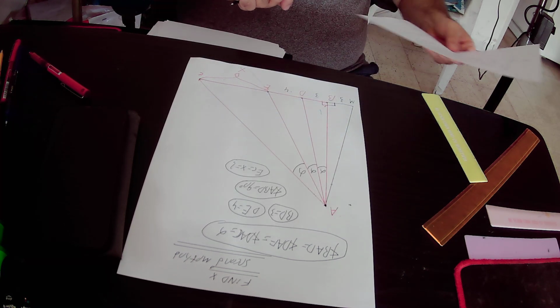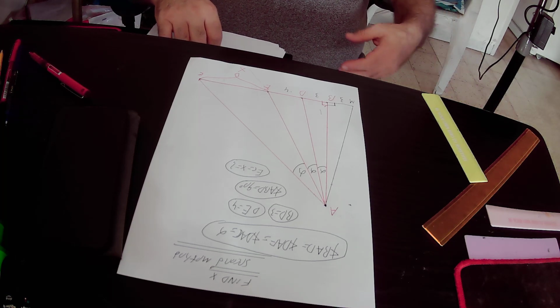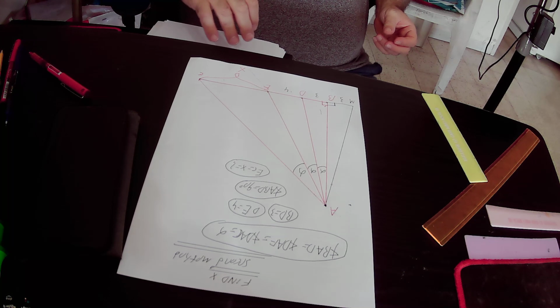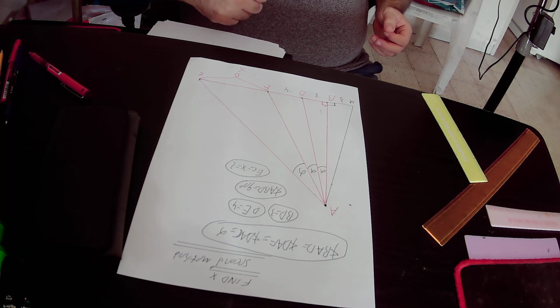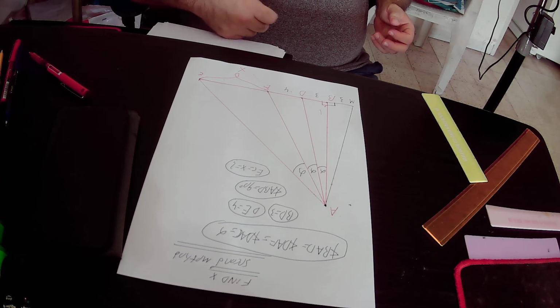So what is the side angle side rule? The side angle side rule states that if two sides and the angle between them in one triangle are equal to two sides and the angle between them in the other triangle, then those two triangles are congruent.